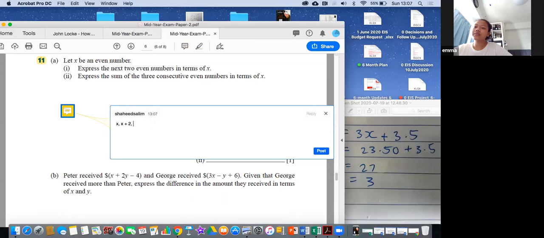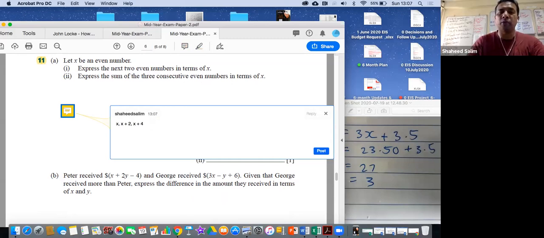Good. Then after that, x plus 4, because the previous one is x plus 2, then you plus another 2. Then the next number is x plus 6.